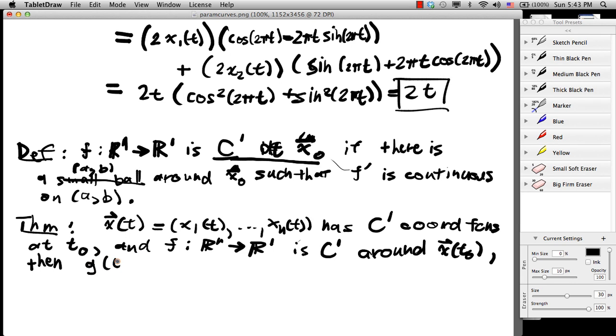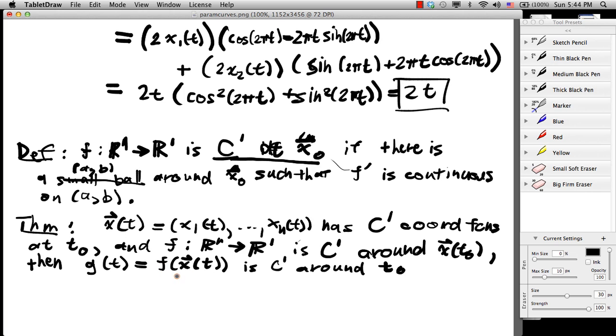The composite function g of t equals f of x of t is C1 around t naught. That is, it has a continuous derivative around t naught.